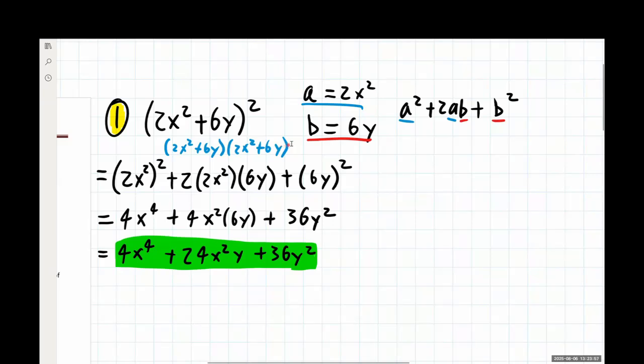I can write it out this way if I wanted to, and then use the distributive property to get to my answer. Nothing wrong with that. This is just an alternate option that's available to us if you would like to use it.